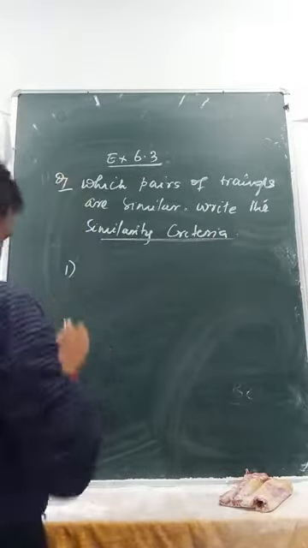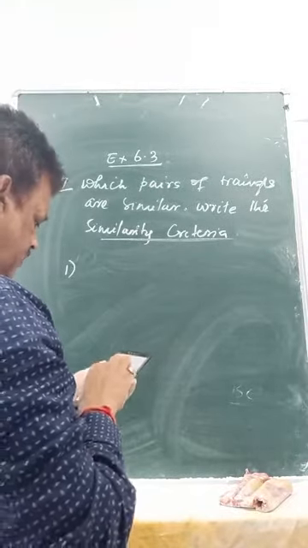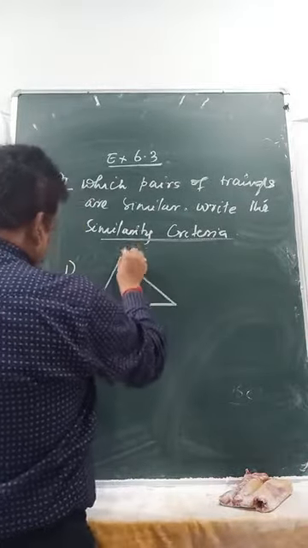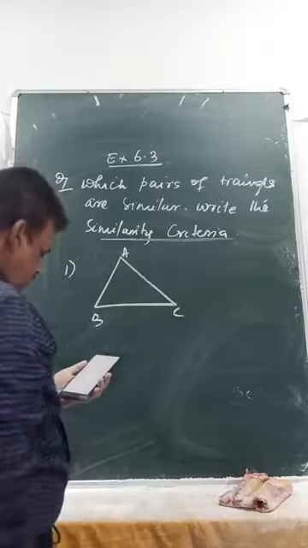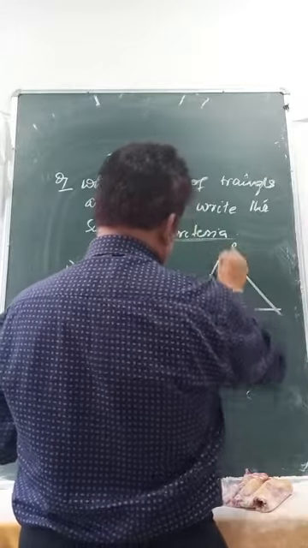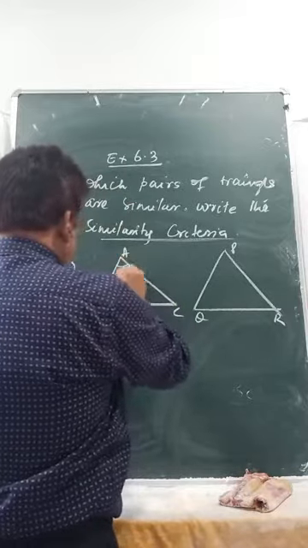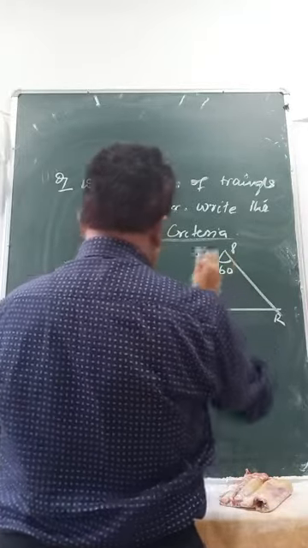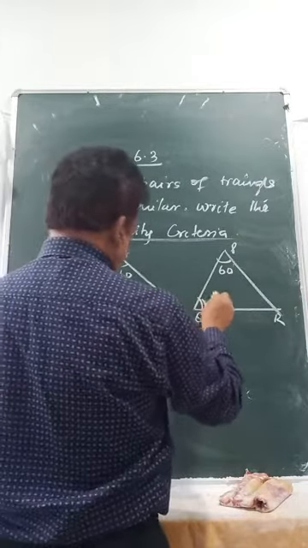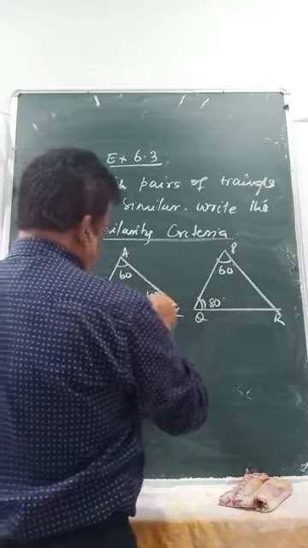Question number 1. Look at the first part. This is triangle ABC. This is triangle PQR. We are given this is 60, this is 60, this is 80, this is also 80, this is 40, this is also 40.